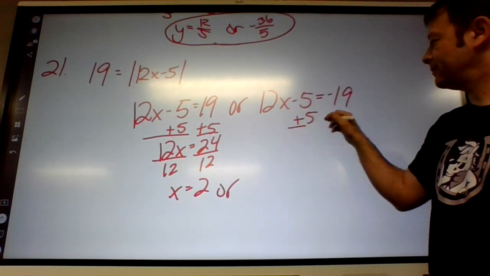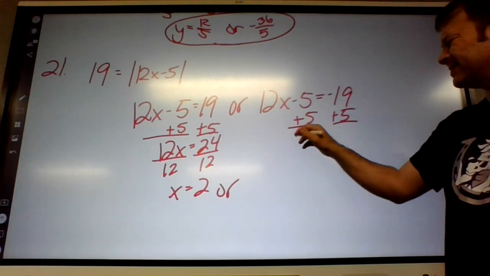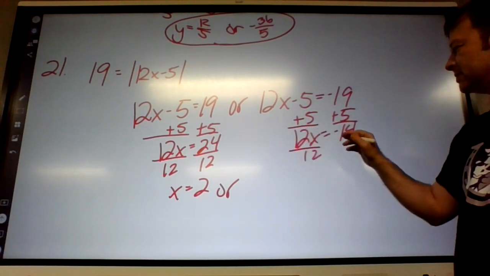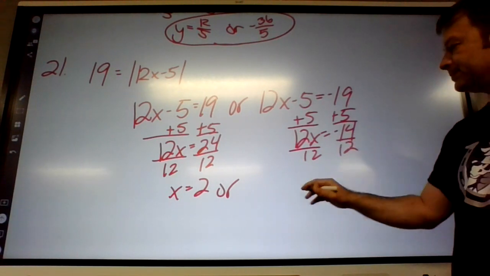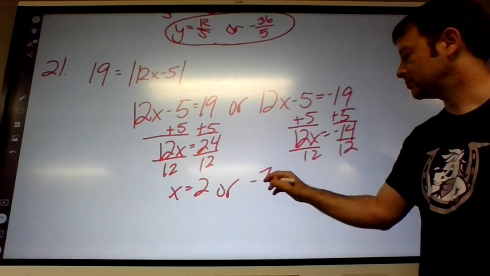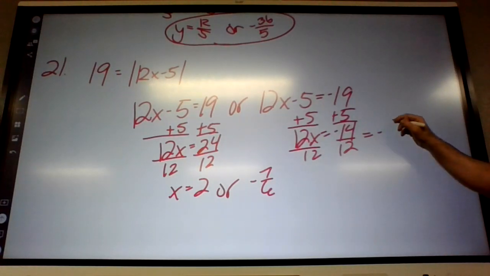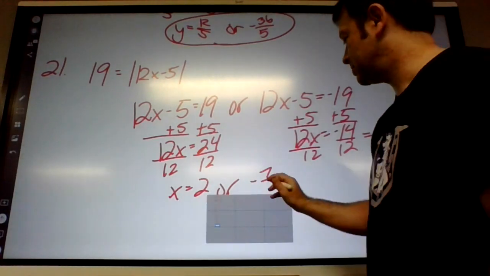So add 5 and divide by 12 on both of these. This one's kind of messy. 14 divided by 12 reduces to 7 over 6.